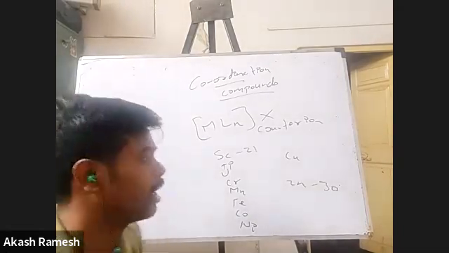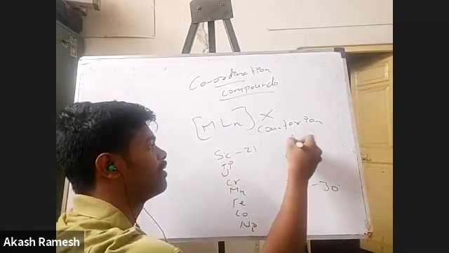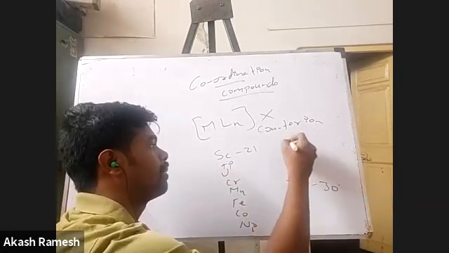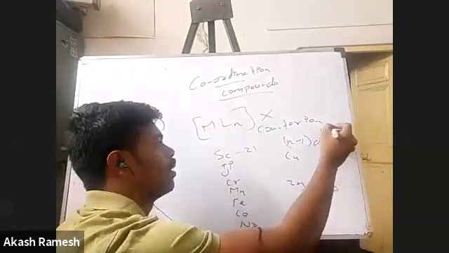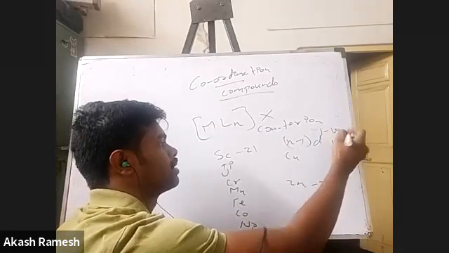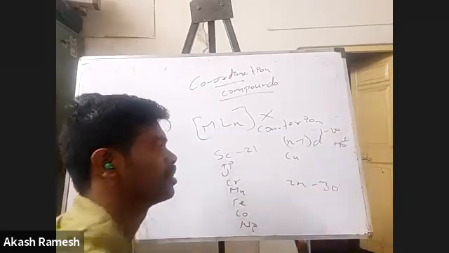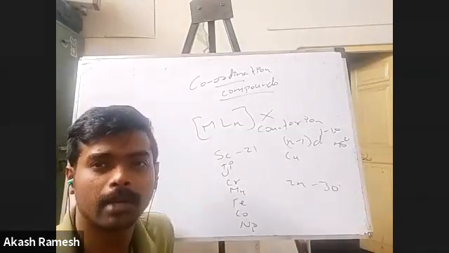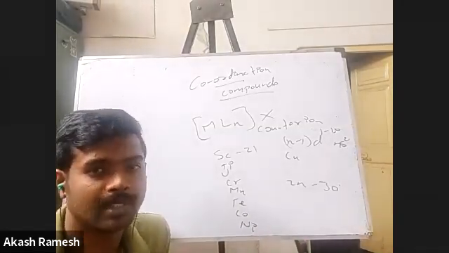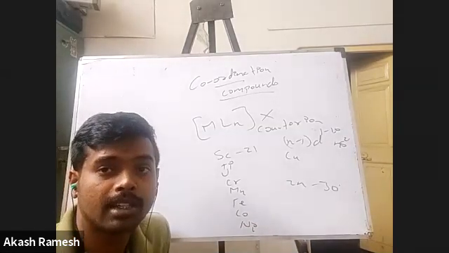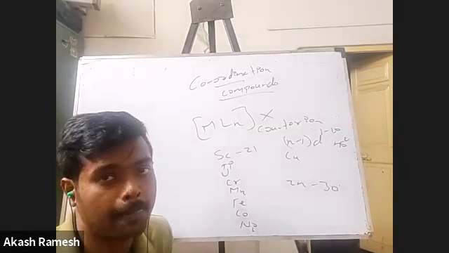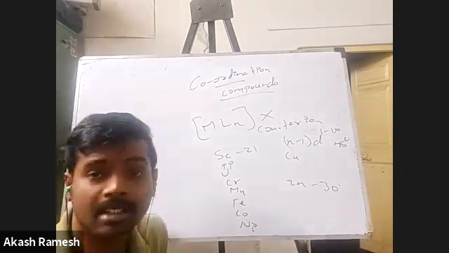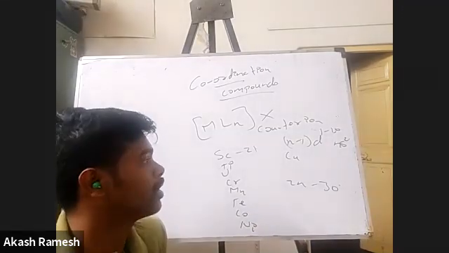For all these d block elements, I will have d1 to d10, or I would say (n-1)d1 to 10, ns2. Here n is the valence shell, so it will basically be 4s and 3d, right? If I go for the 4d series, it will be 5s and 4d, and in the same way for the 5d series, it will be 5d and 6s. So you have to remember the configuration.